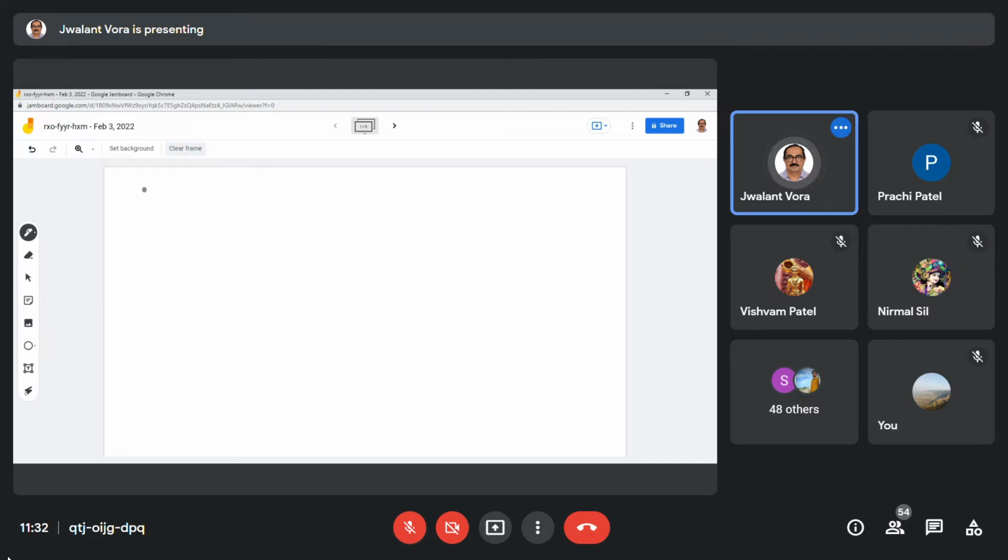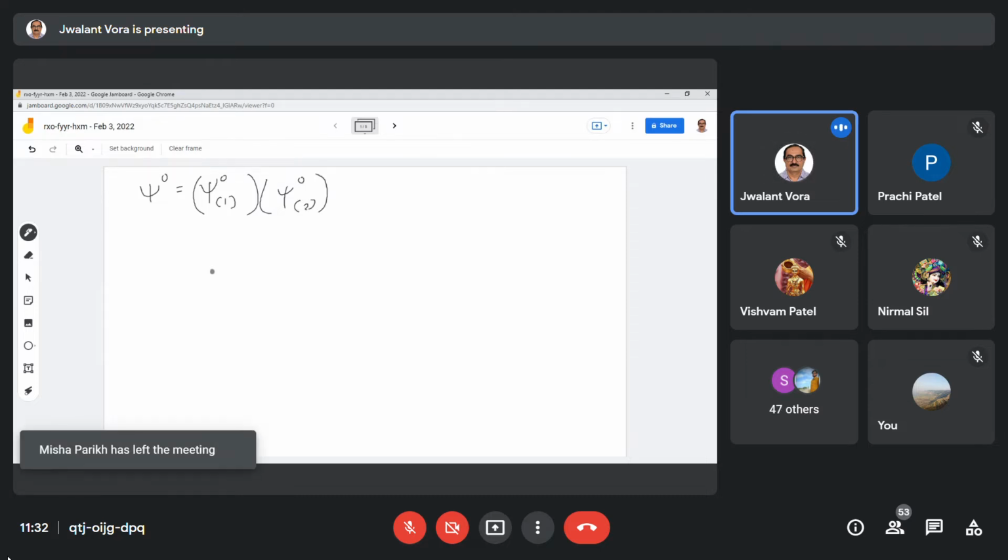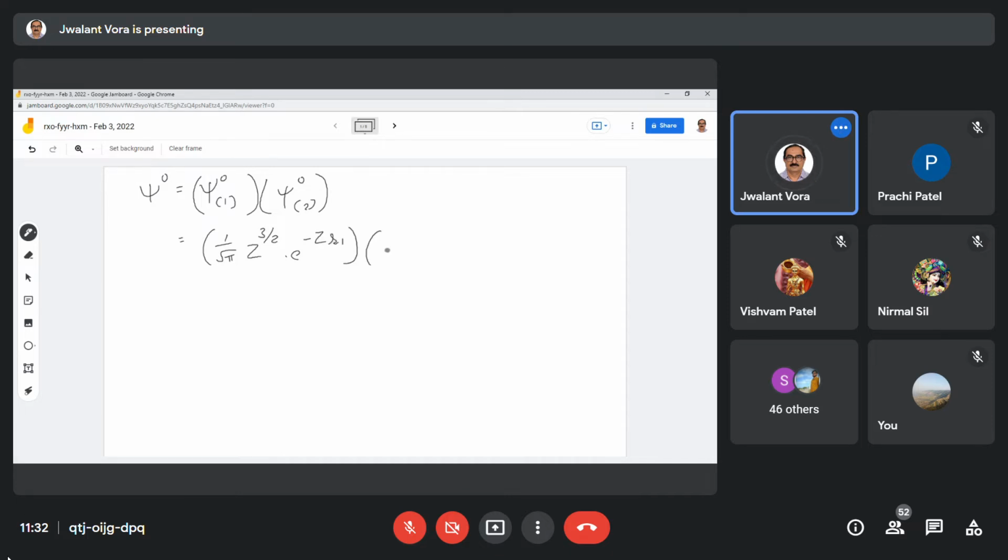Psi 0 is equal to psi 0 for electron 1 into psi 0 for electron 2. This is equal to 1 upon root pi Z raised to 3 by 2 into e raised to minus Z R1 for electron 1.